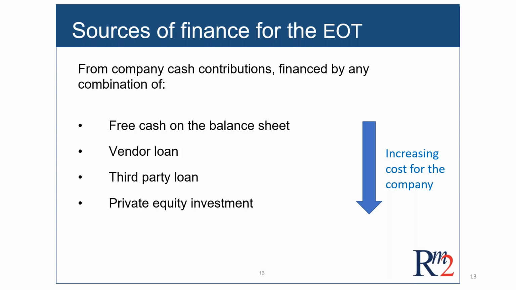Third-party loans are good for vendors because they get their money quicker, as the funds come in immediately. Arguably not so good for the business, because a third-party lender is probably not going to be as understanding as a vendor loan. Private equity investments are pretty rare, but do happen on occasion for very enlightened private equity firms.